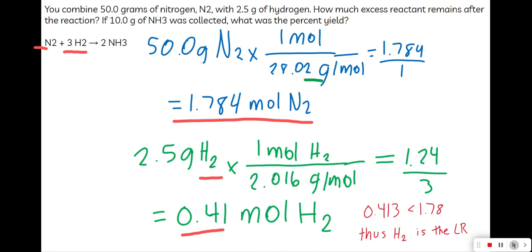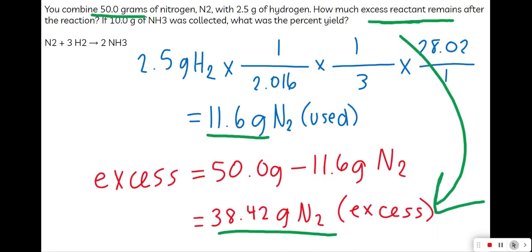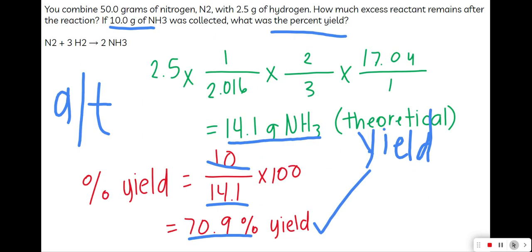So we found the moles of N2 and H2, and this helped us find our limiting reactant, which then helped us find our excess reactant, because we stoiched it, then subtracted it from our original amount. And then finally, we did our percent yield.